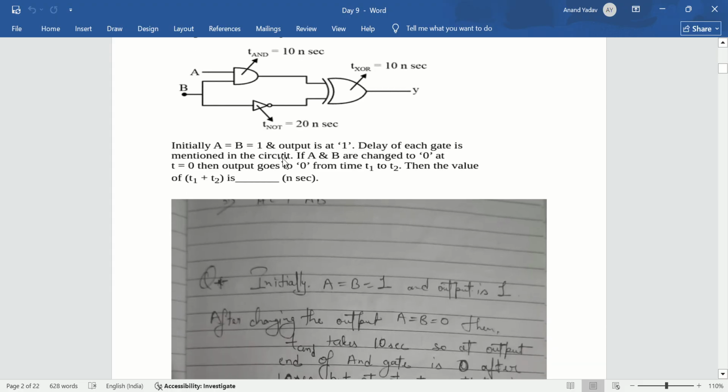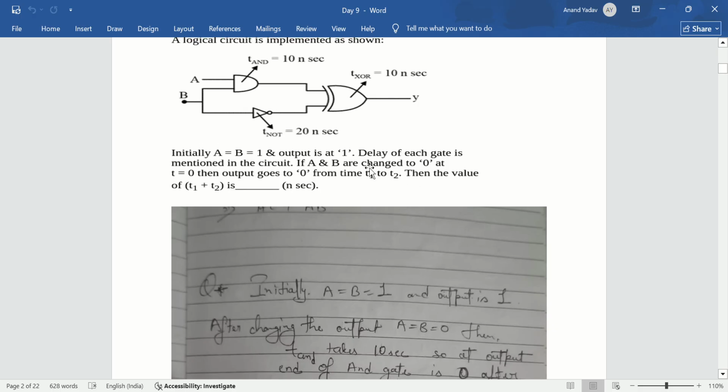So initially we provide the input 1 and the output also gives 1, but after that A and B are changed to 0. Then it will ask for how much time it will give 0 at output Y.